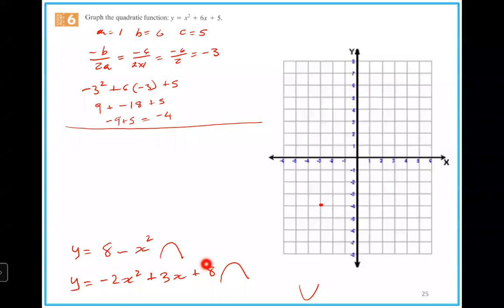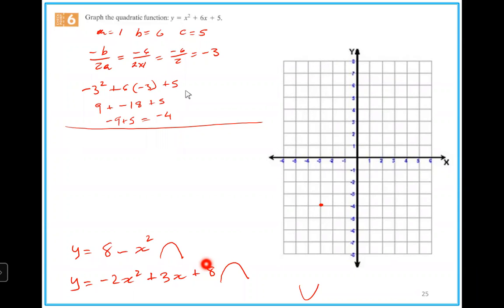Ms. La Rochelle, you with us? Yeah, so you would let y be 0. No, that's your y. We're trying to find where the line passes through the x-axis, so we have to find the value of x.